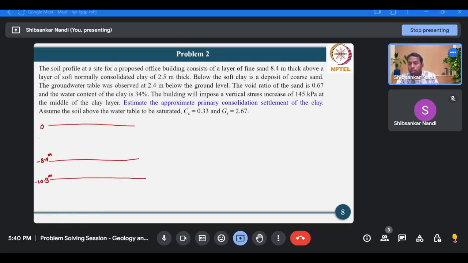So this is fine sand, this is clay, and this is coarse sand.